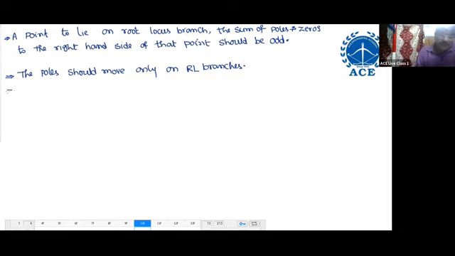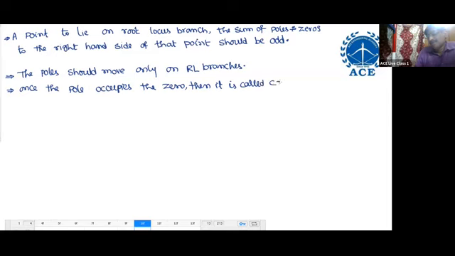Okay, once the pole occupies the zero, then it is called a complete root locus branch when K increases from 0 to infinity. So these are the statements.